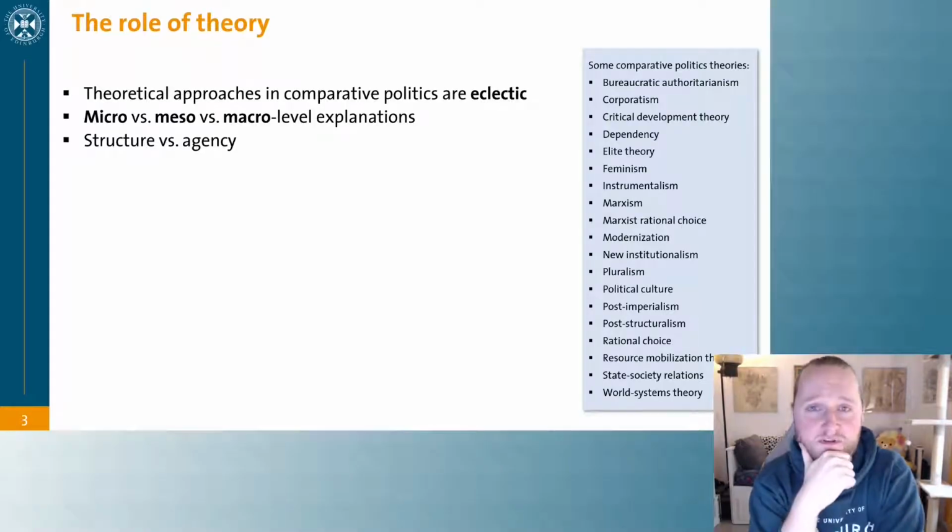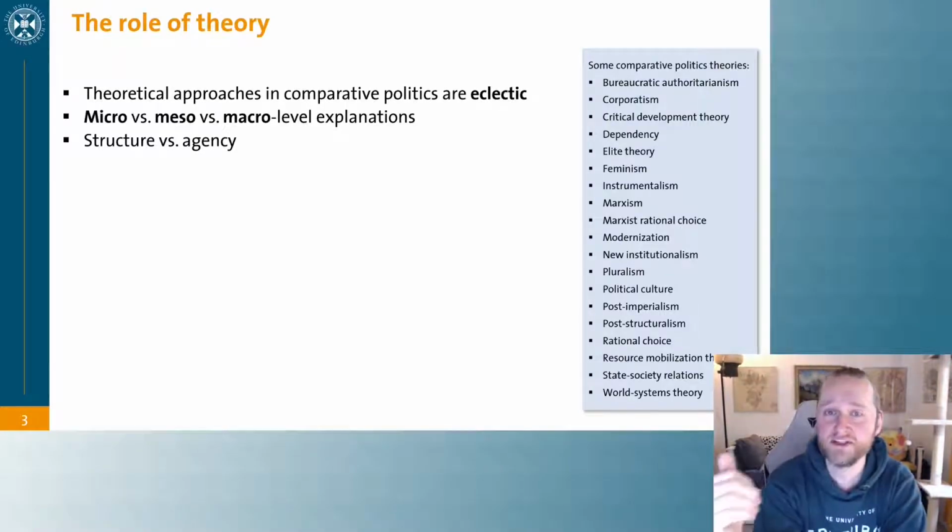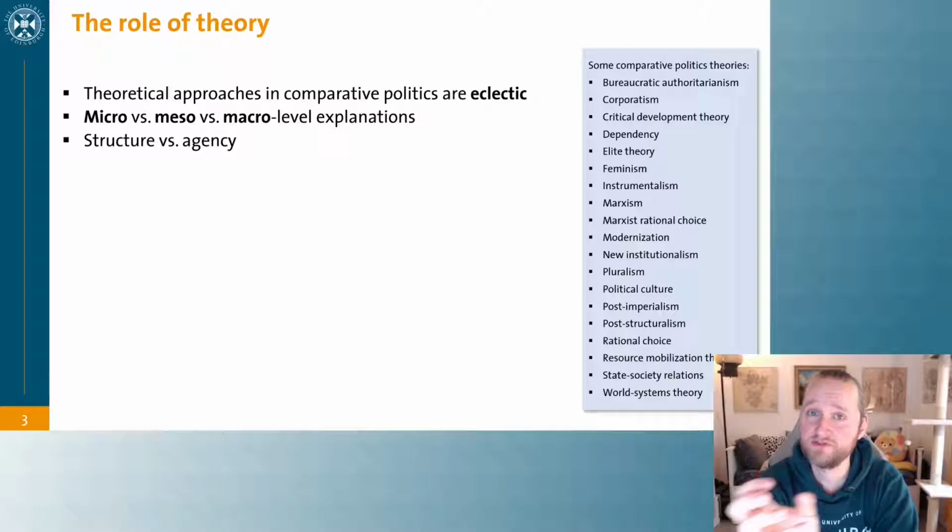So one of the popular ways to distinguish different theories of comparative politics from each other and to sort like to like is to distinguish theories that are emphasizing the micro level versus those emphasizing the meso level versus those emphasizing the macro level. And we'll talk about this in just a second, what that all means.